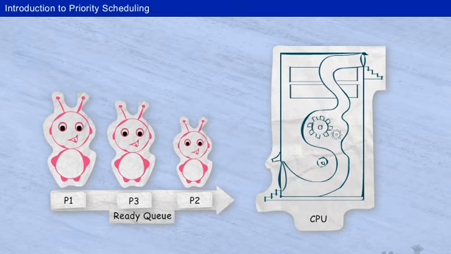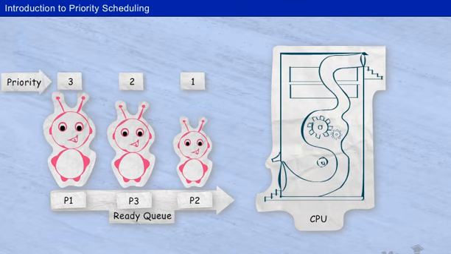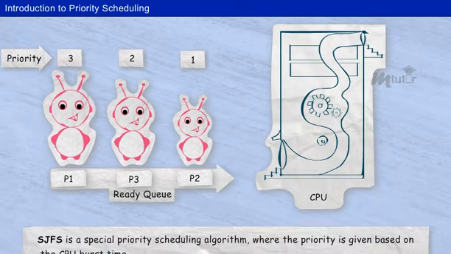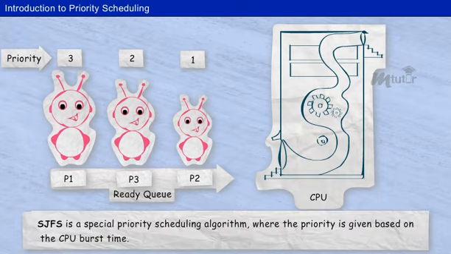So, the process which has the smaller CPU burst has the highest priority and vice versa. Hence, SJFS is a special priority scheduling algorithm where the priority is given based on the CPU burst time.